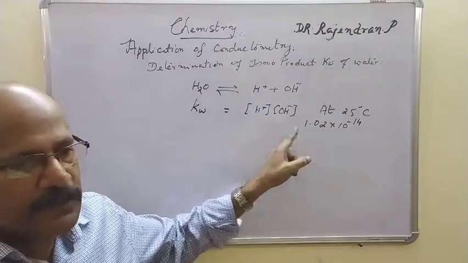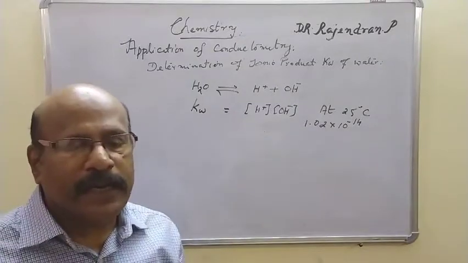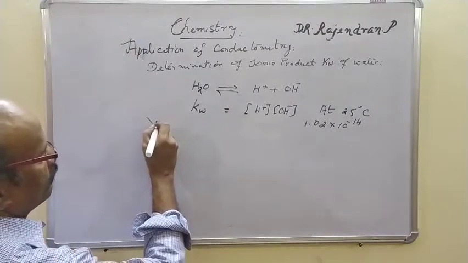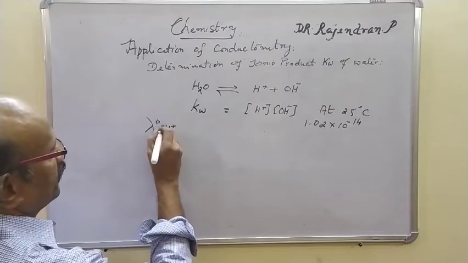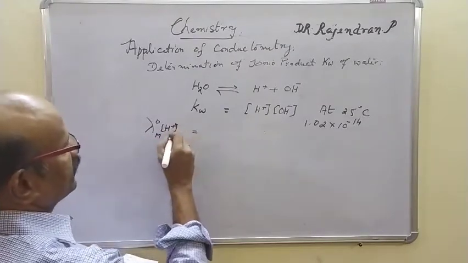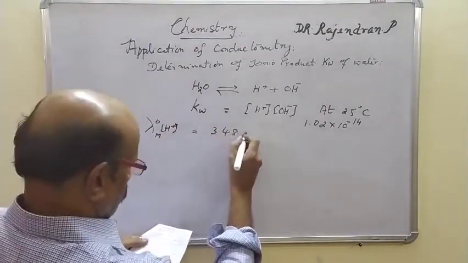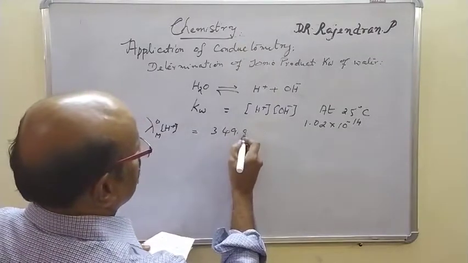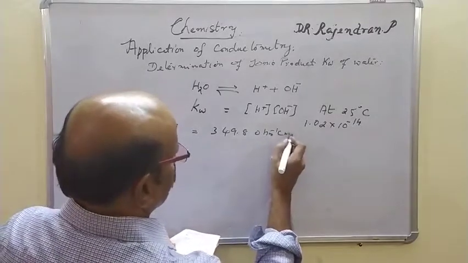Okay. In a sample of water, the molar ionic conductivity of H plus ion at infinite dilution, lambda m of H plus ion at infinite dilution, is found conductometrically to be 349.8 ohm raised to minus 1 centimeter square.